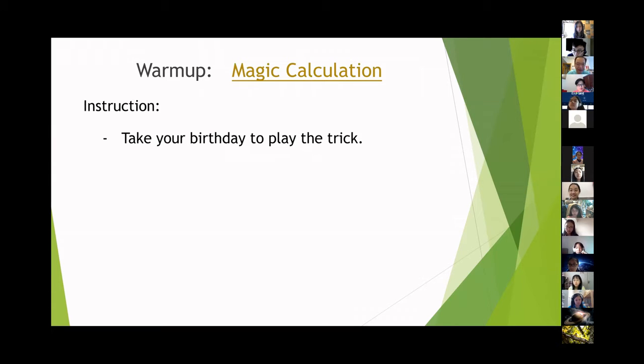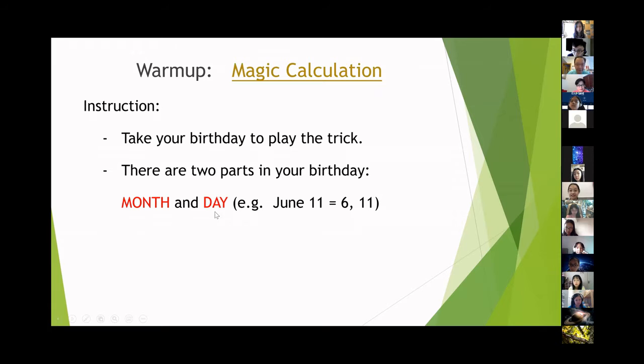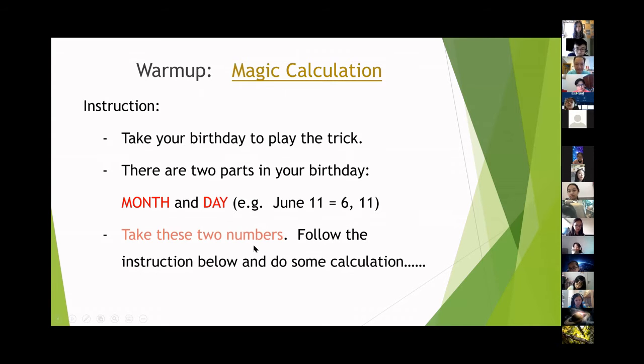It has dates and months. For example, June the 11th will be 6 and 11. I want you to get these two numbers, and later we are going to do some calculations. Now again, June the 11th, the month will be 6, the day will be 11. So everybody should have these two numbers.